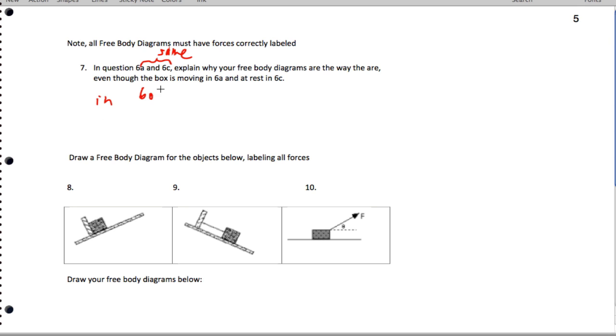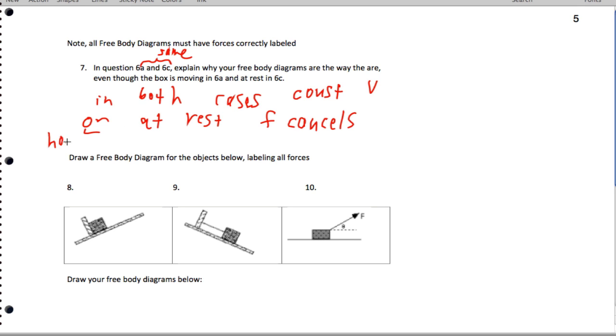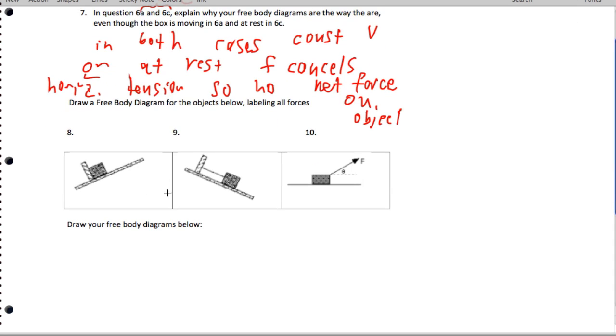In both cases, constant velocity or at rest, friction cancels the horizontal tension. So no net force on the object.